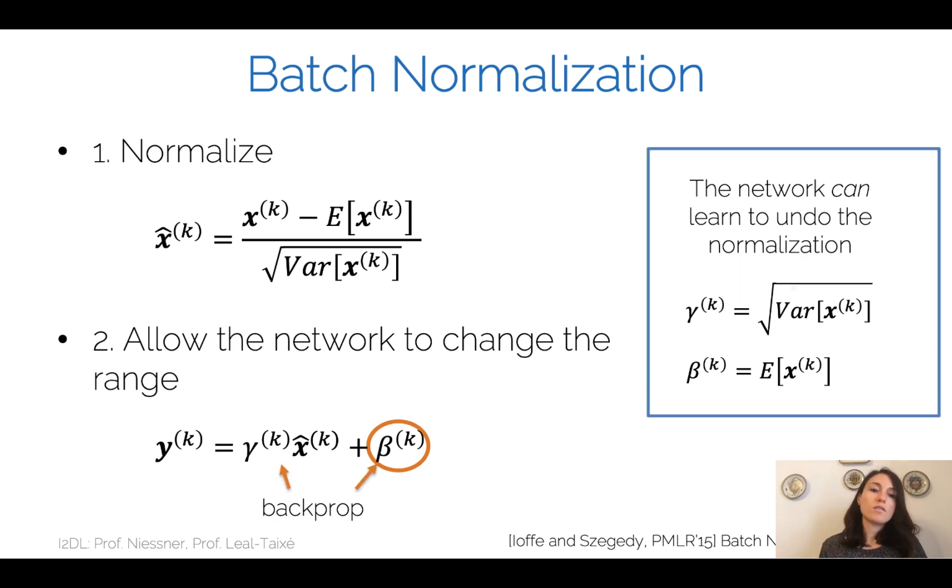So let us now imagine that the neural network didn't like our normalization, and thinks that our normalization is horrible for its purposes to learn certain characteristics. And let's imagine that after training, these two parameters, beta and gamma, actually converge to these two values. So beta converges to this value here that we subtracted earlier, and gamma converges to the value that we divided our input by earlier.